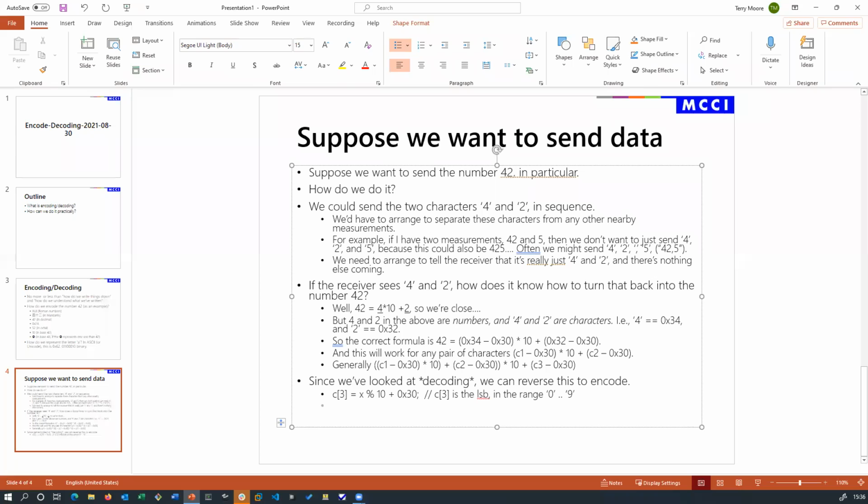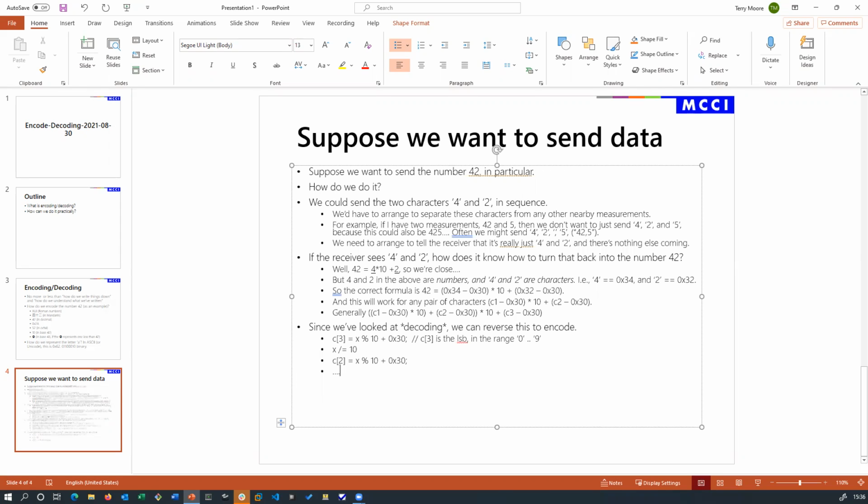Then we can just continue this: X divided-equals 10. So we divide X by 10, and then C of 2 equals X modulo 10 plus 0x30, and so forth.